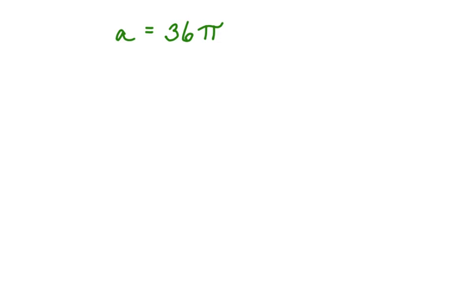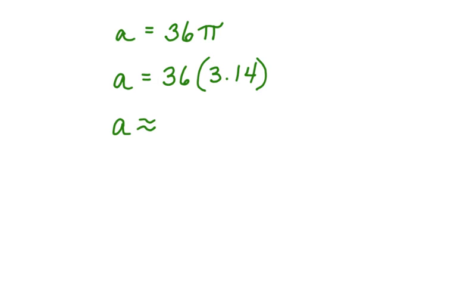Let's say that a is equal to 36 pi. Again, I'm going to use 3.14 as an approximation for pi, and I have a is equal to 36 times 3.14, and that a is approximately 113.04.